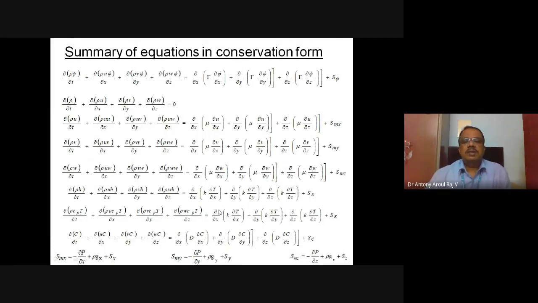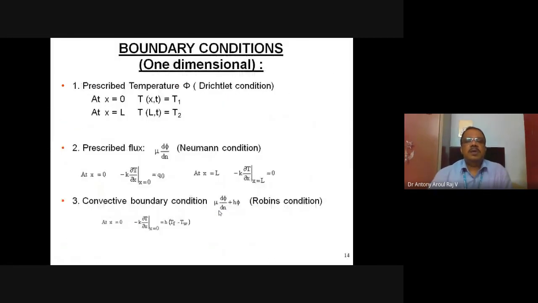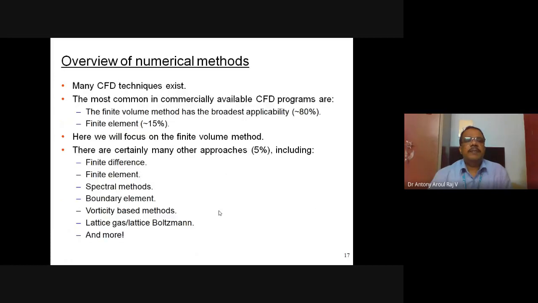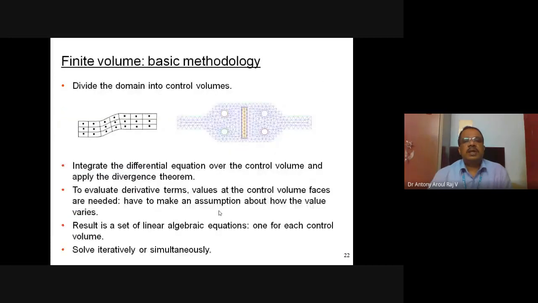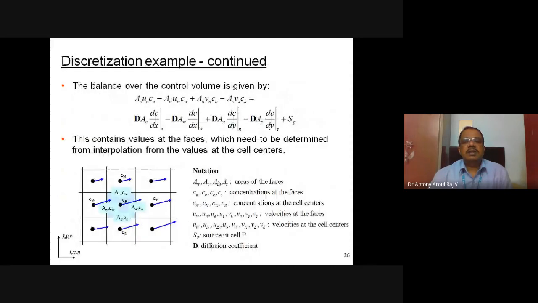I think we have had detailed discussions on all these equations. Types of boundary conditions we have also discussed already, and how to do the discretization.